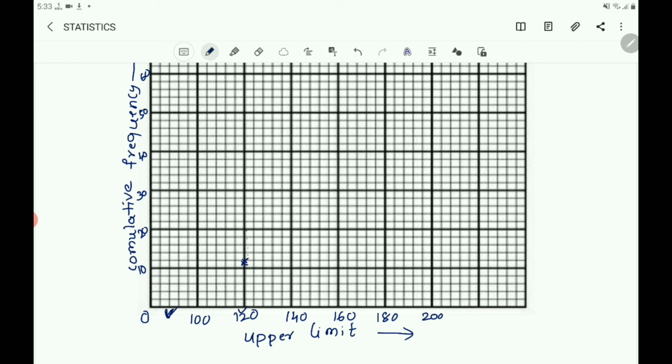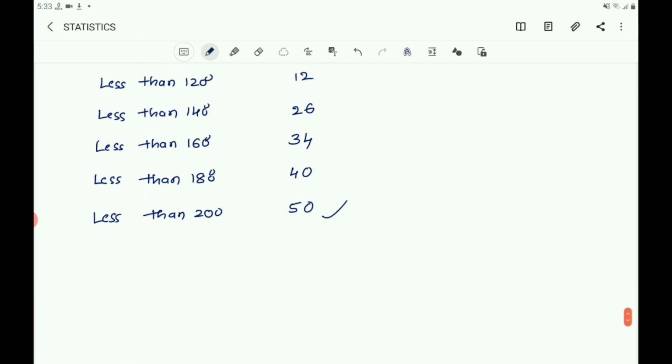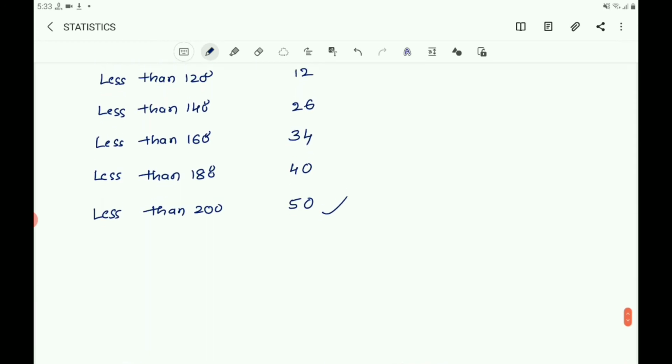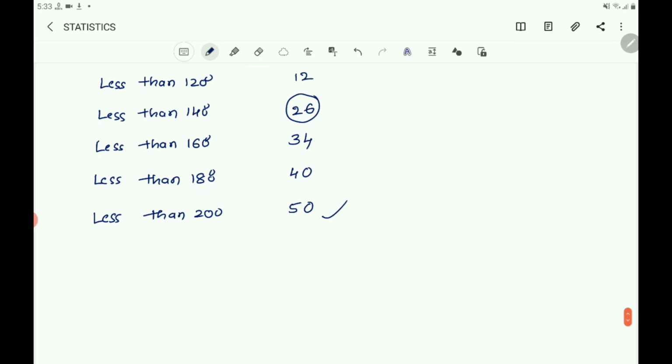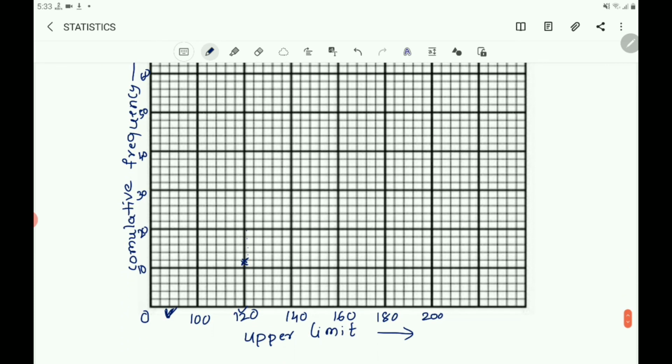This is 12. Next one is 140, 26. This is 140. Go straight to 26. This is 20, 22, 24, 26. You will get it here.